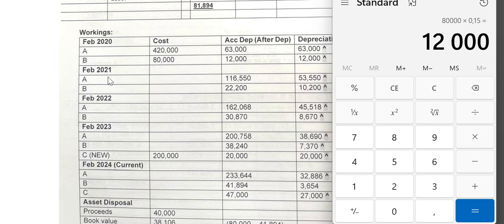Now at the end of 2021, this is the reducing balance method.